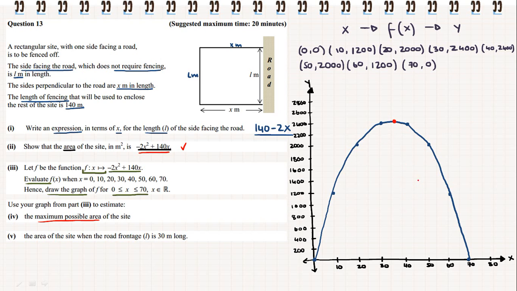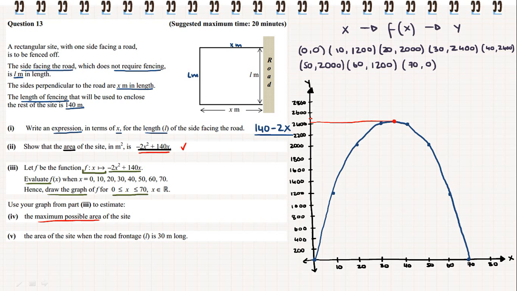Now when you're doing this yourselves with graph paper, it's a little bit easier to estimate, but we're going to get as close as we can. What we're noticing is that it's just above 2,400. So if we draw our line over to the y, now we need to estimate.